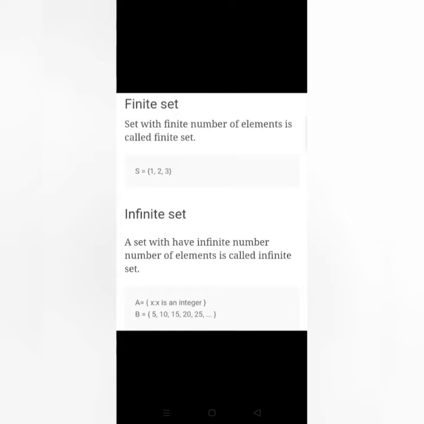Here one example is given, A equal to 1, 2, 3. So, cardinality of A is 3. It is denoted by n of A. Do you understand, students? Okay, good. Suppose A equal to 1, 2, 3, 4, 5, 6, 7. What is our cardinality of A? Yes, n of A equal to 7. Right. Good, students.